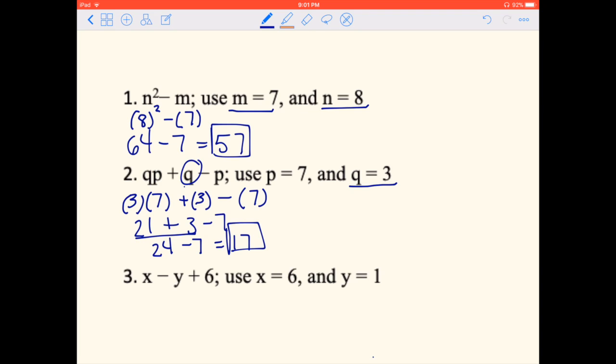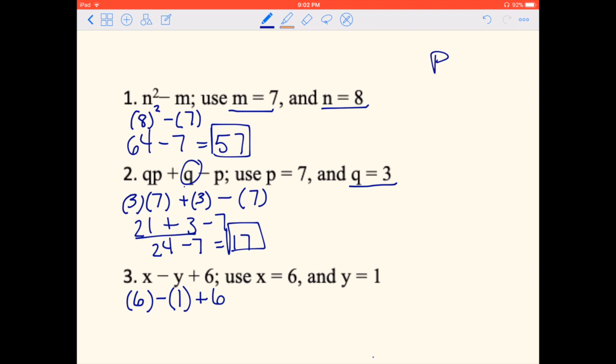In this last one, we have x minus y plus 6. I'm going to add parentheses wherever I see a variable. It says use x equals 6, so where this x was, I'm going to add a 6. And y equals 1, so wherever that y is, I'm adding a 1. I'm going to use my PEMDAS.